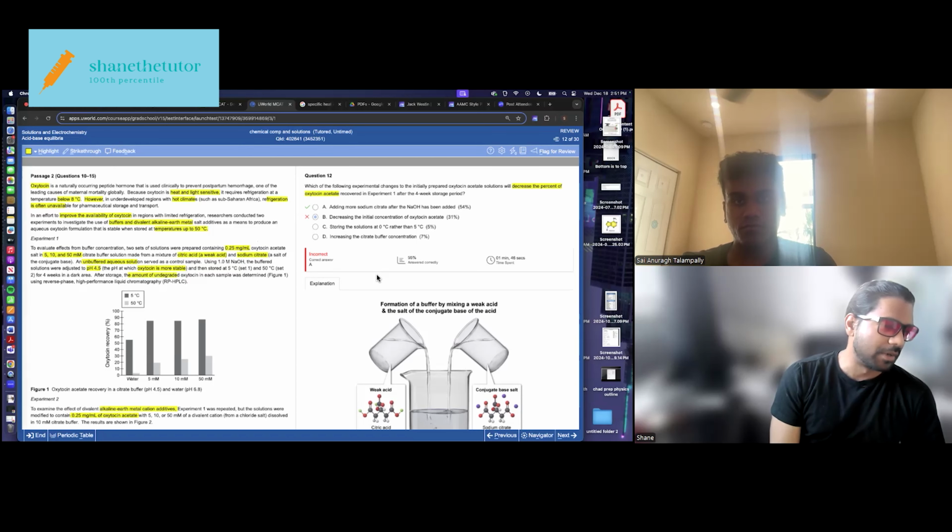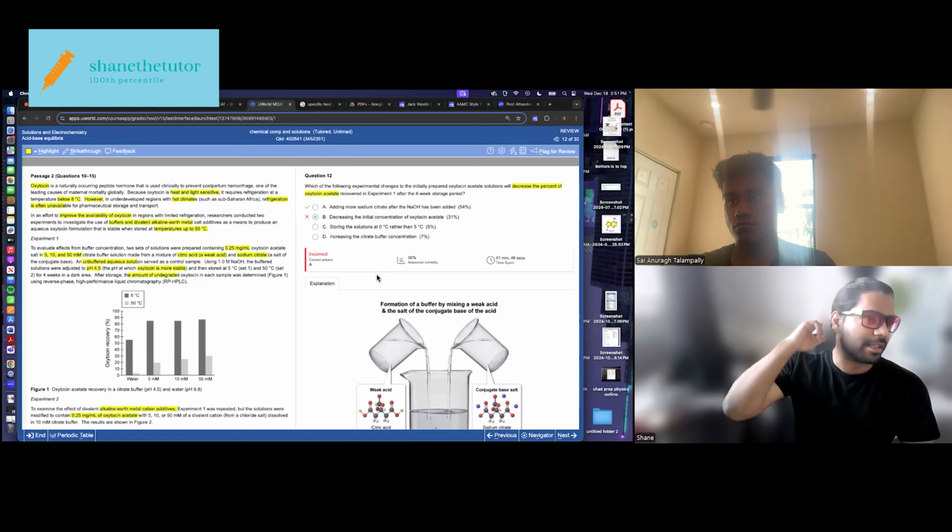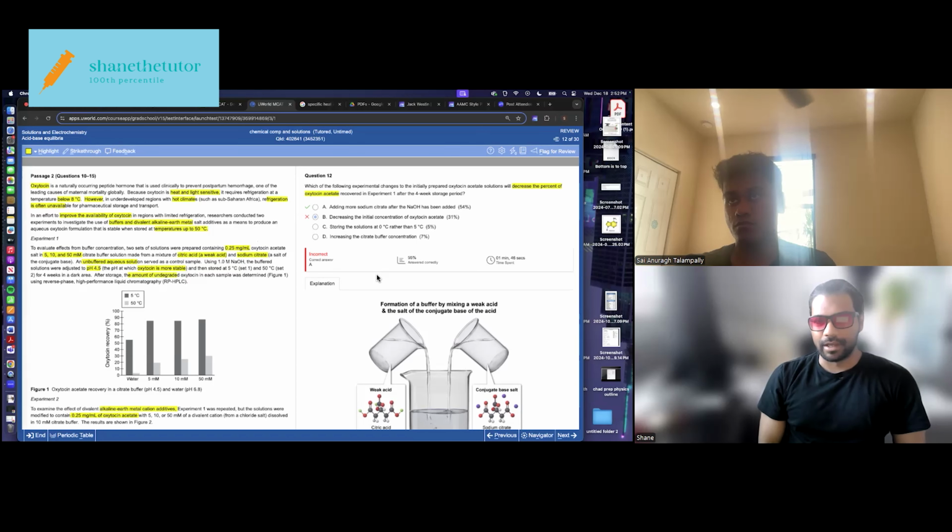And when you use the buffer, it seems like the buffer concentration is proportional to oxytocin recovery percent at 50°C, right? Okay. So which of the following experimental changes will decrease the percent of oxytocin acetate recovered in experiment 1 after the 4-week storage period?